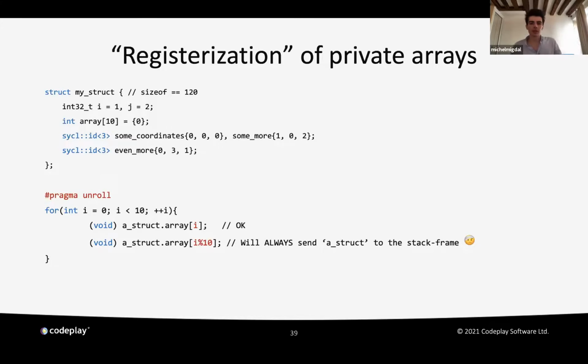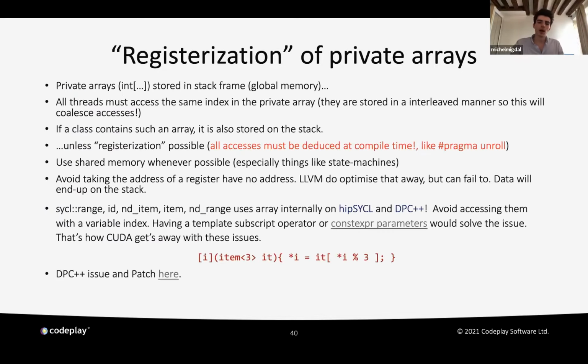Usually, as soon as you've got arrays that are not always accessed using compile-time deducible indices, the whole structure will be sent to the stack. And it leads to extremely bad code, especially with function calls, because when you call a function, you have to copy data from one stack to another stack. It's a mess.